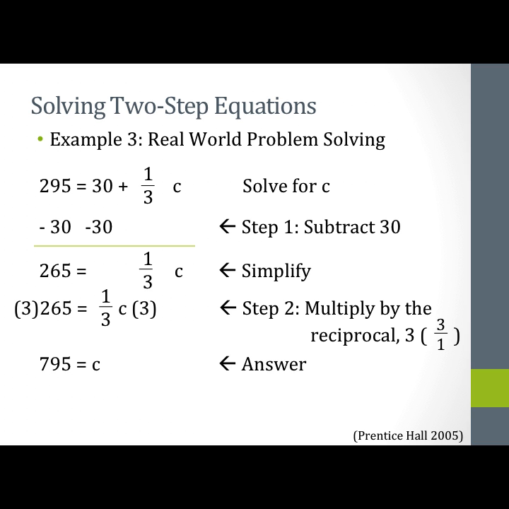So we're going to multiply both sides by the reciprocal, 3. You have 3 times 265 equals 1/3 of C times 3. The 1/3 and the 3 cancel on the right-hand side. If we simplify this, we have 795 equals C.